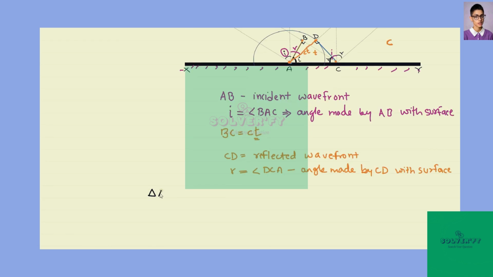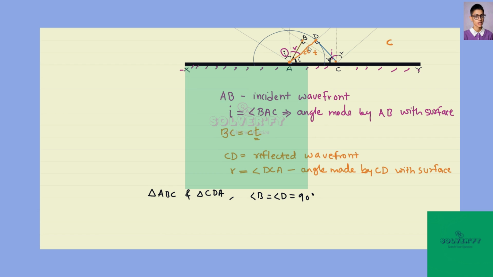In triangle ABC and in triangle CDA, if I compare these two triangles, see in this figure, angle B is equal to angle D and both of them are equal to 90 degrees.